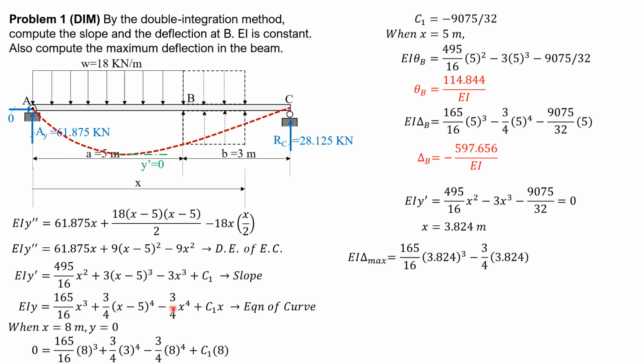This is ignored, then minus 3/4 of 3.824 to the fourth, then minus negative 9075 over 32 of 3.824. Solving, delta max is equal to negative 668.175 over EI, which in magnitude is greater than this. So that's why we have to confirm that this is the answer.